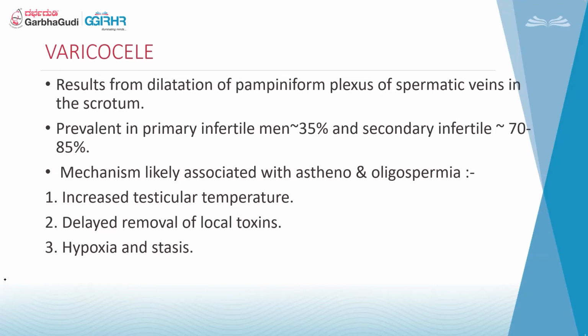Ma'am, I think something is wrong here. It means that varicocele is very common. The prevalence in infertile men is around 35%, and in fertile men also we can see it, 70 to 85%. You mean to say in the normal population the prevalence of varicocele is 70 to 85%?